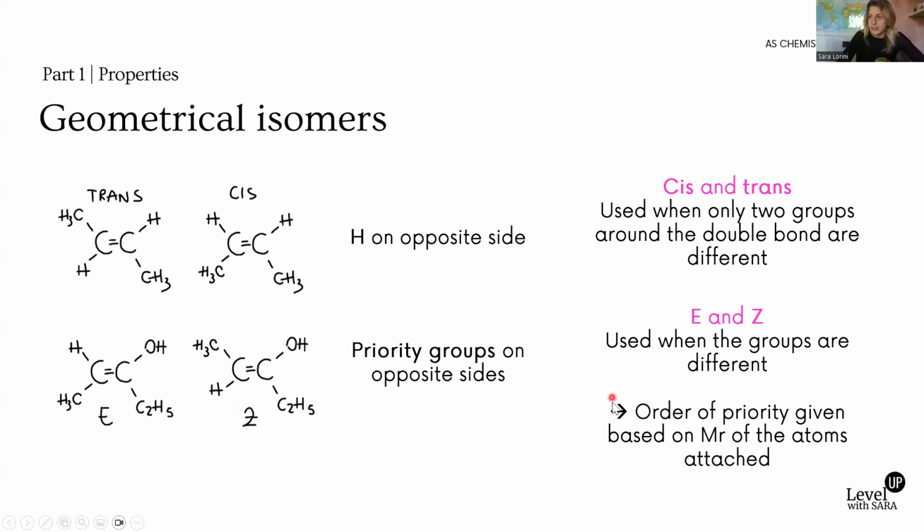Now, the order of priority is based on the Mr of the atoms attached. What this means is that you must look at one atom at a time. I'm comparing carbon and I'm comparing oxygen. I'm not comparing CH3 and OH. If that is the same, for example, if I am comparing carbon and carbon, what is next?